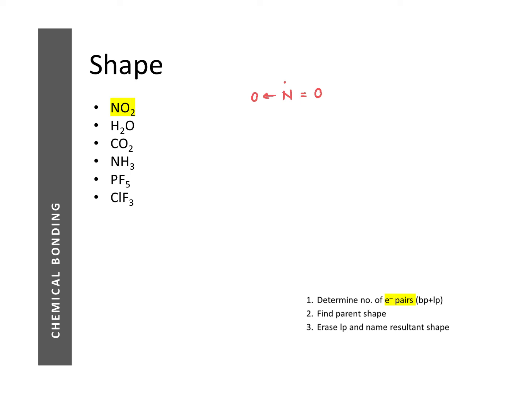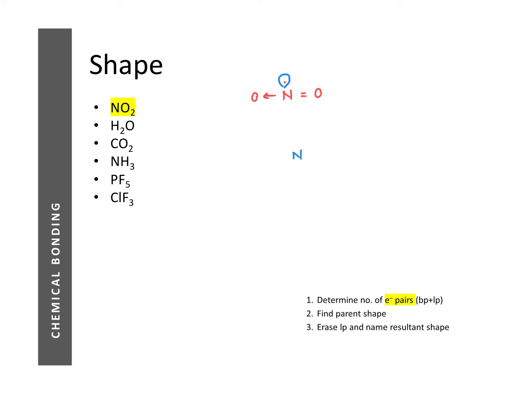Okay, so over here there are essentially 3 electron pairs, so the parent shape of nitrogen dioxide would be trigonal planar. However, the fact that this lone electron is not an electron pair, there's only 1 electron instead of 2, you would expect that the repulsion will not be as great.